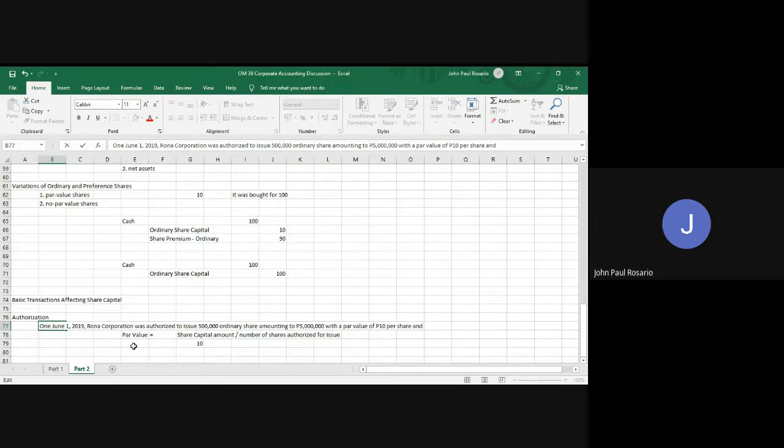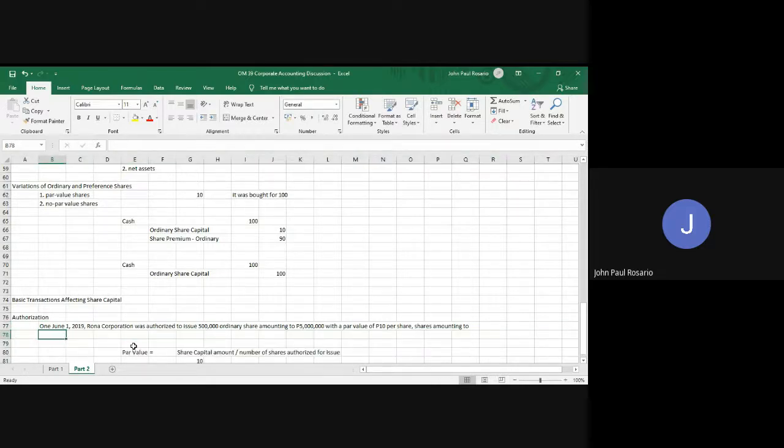and preference shares amounting to 4 million divided into 12% preference shares with a par value of 10 per share.